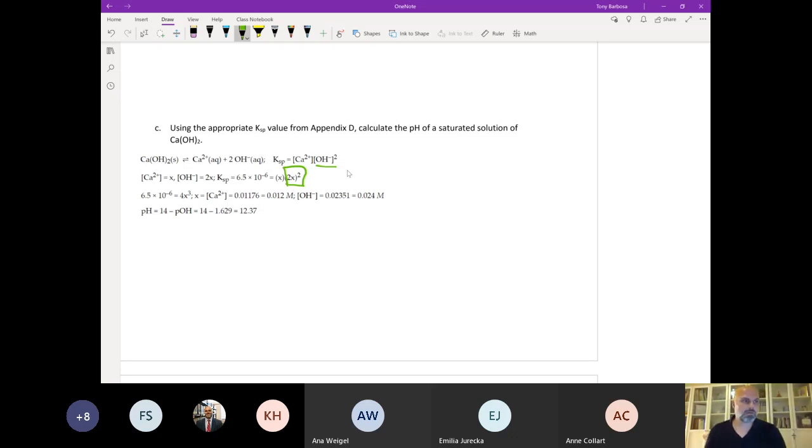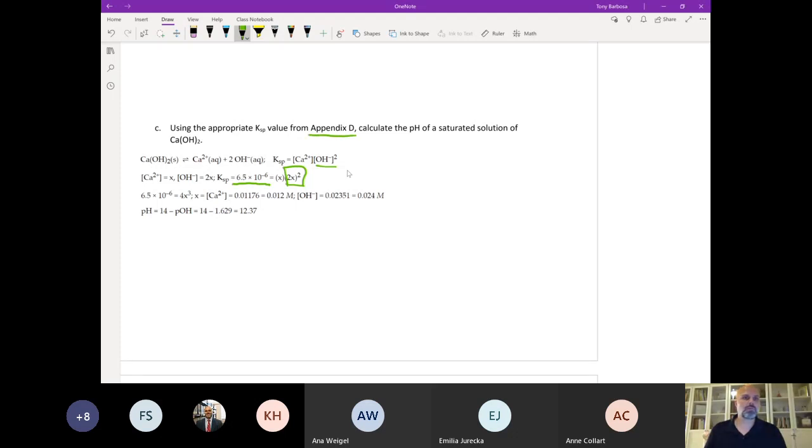So when we're solving here, this one we're working in the opposite direction because we've looked up Ksp. The last one we were solving for Ksp. This one we looked up Ksp in a table because that's what it asked you to do.